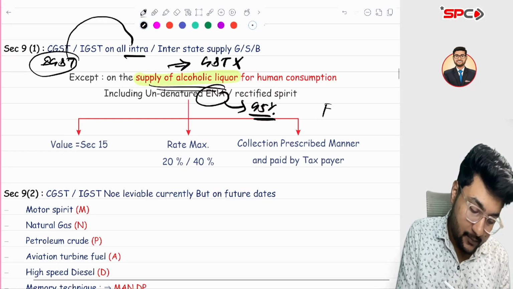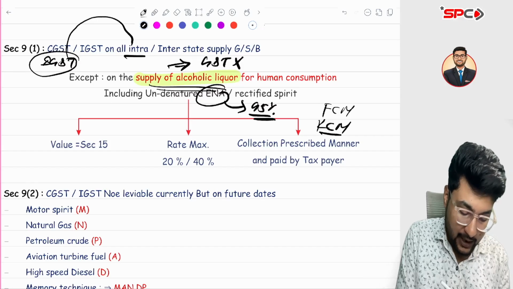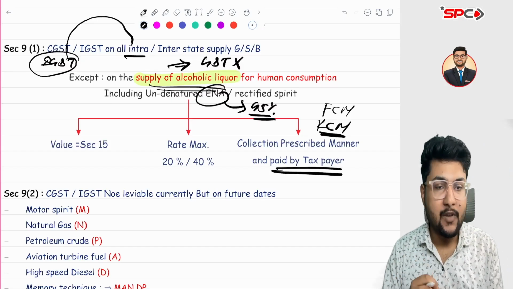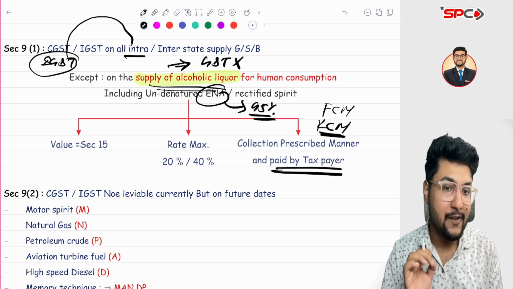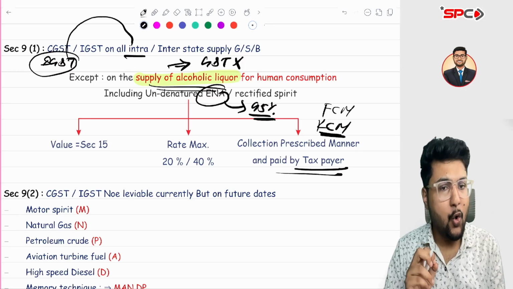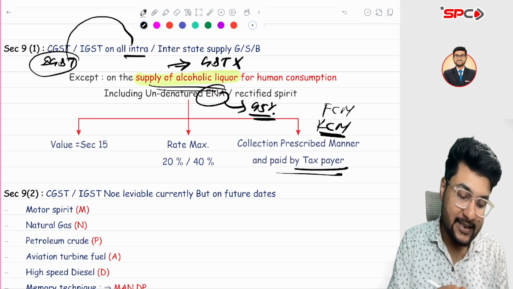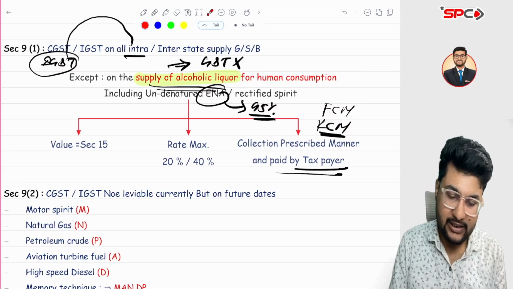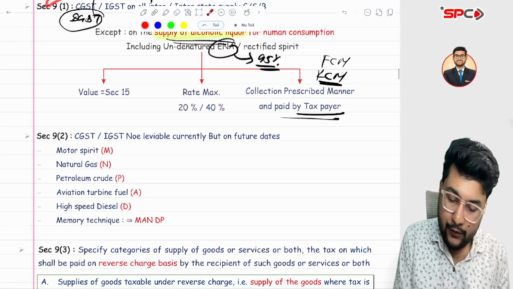First is FCM, and another is RCM under 9(3)/9(4). Paid by the taxpayer, since in GST the final burden is always on the end consumer. So the taxpayer is the person who always pays the tax. It's just that who will deposit it is decided under forward charge and reverse charge. Was it clear? Okay.